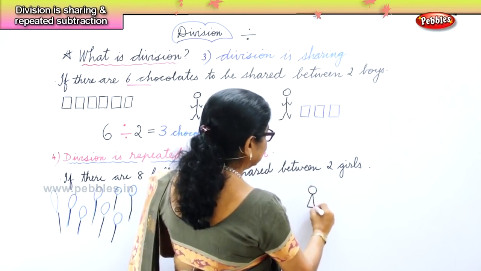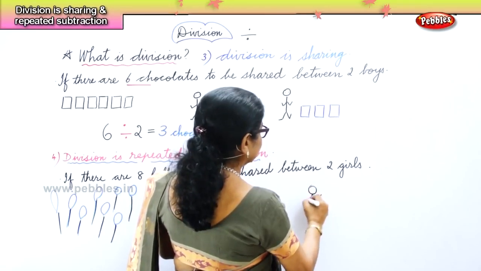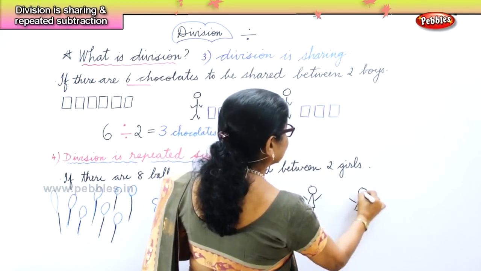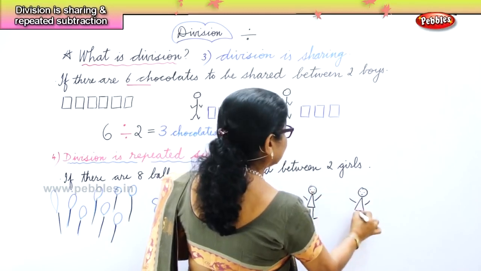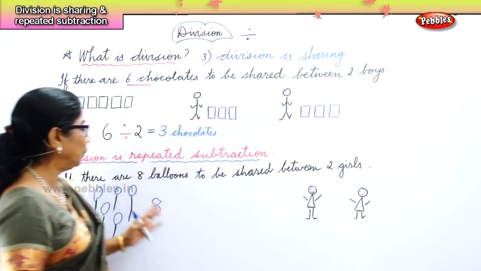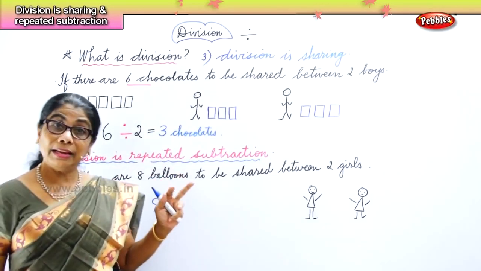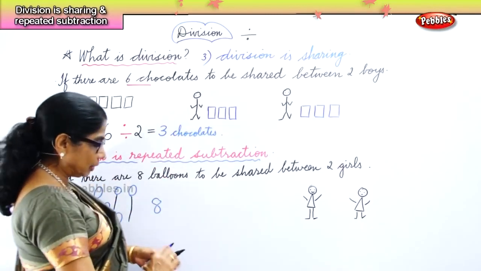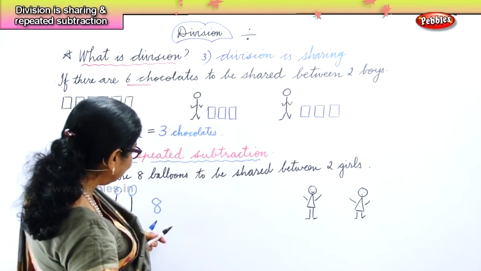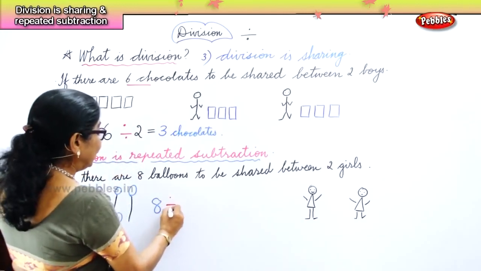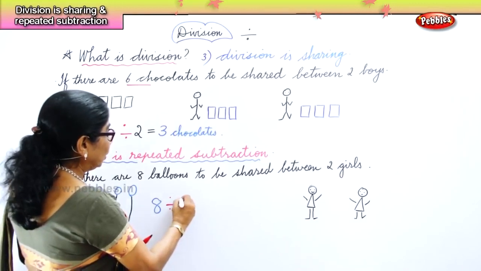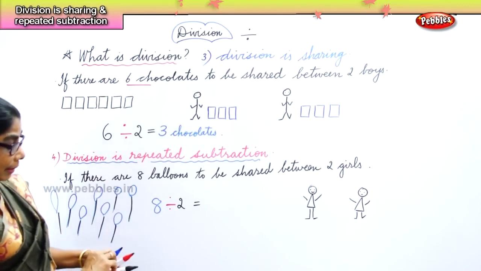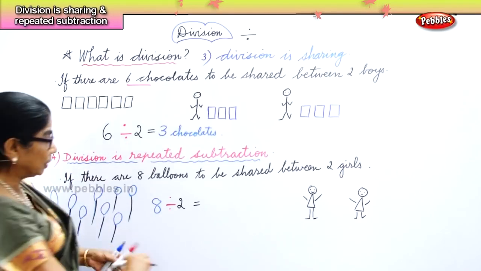Here are the 2 girls. And here's the other girl. Fine. Now, we have 8 balloons to be divided between 2 girls. Now, let us do the subtraction.